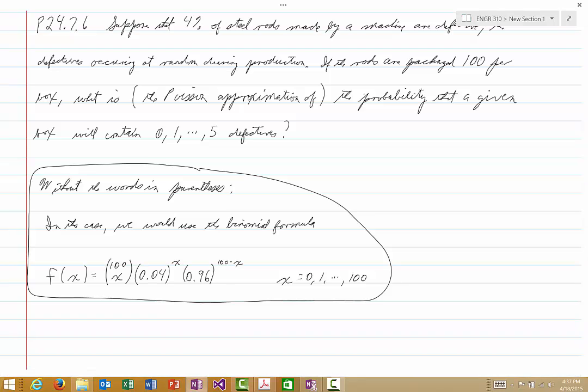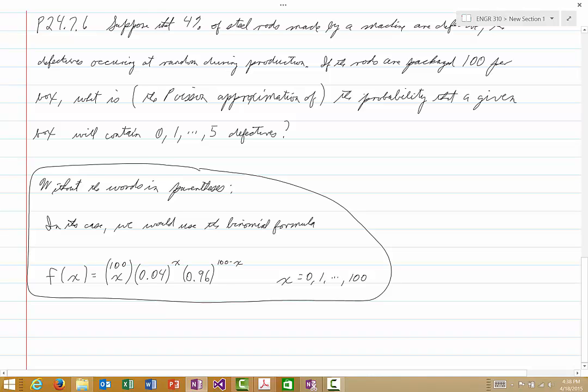The only problem there at all is, notice that we do have to calculate some very large numbers. We have 100 factorial in the top here, and depending on what x is, we will have perhaps some large factorials in the denominator of this expression as well. And furthermore, another numerical difficulty is that we have a rather small number being raised to perhaps a rather large value.